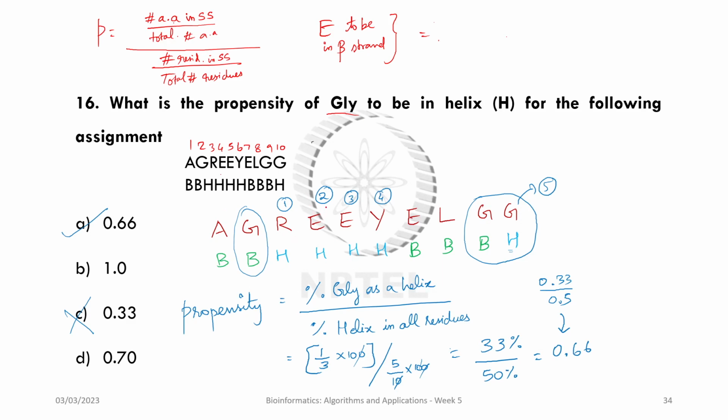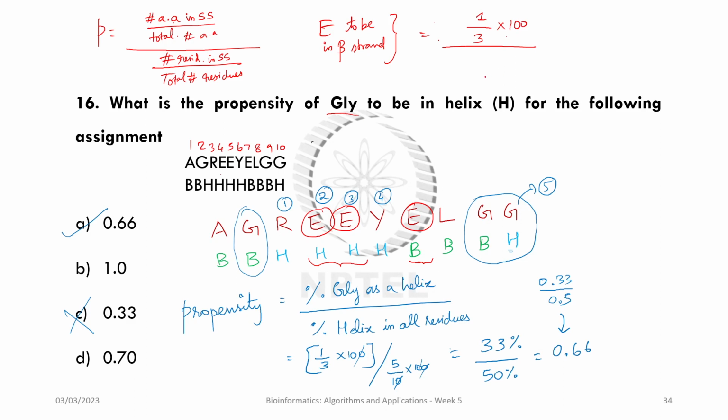How many glutamic acids do we have? One, two, three. Correct? So total number of amino acid E would be 3. And how many of them are in beta? Only one. The other two are in helix. So 1 beta strand by 3.